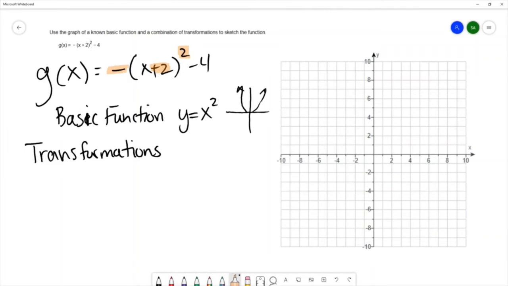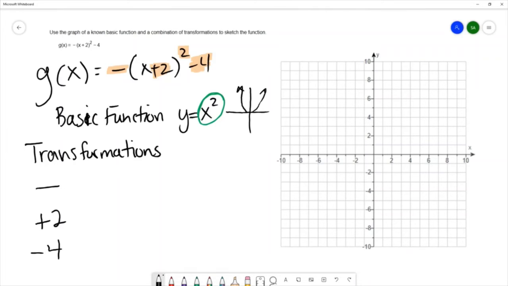Those are all the operations that you don't see in our base function x squared. And each one of these transformations will do something different to adjust the graph of the basic function.